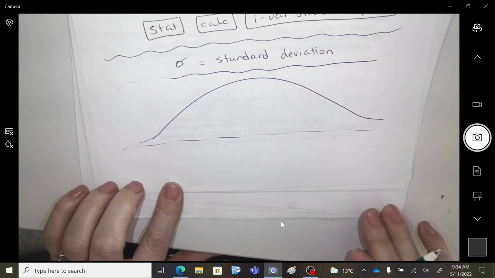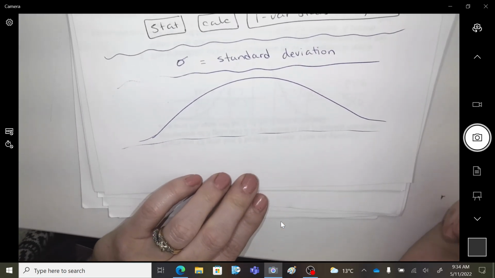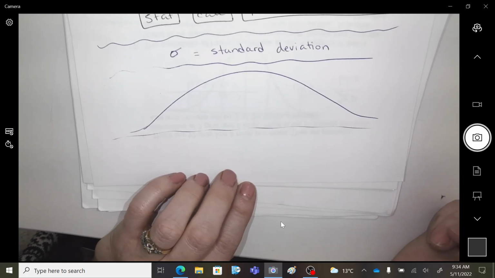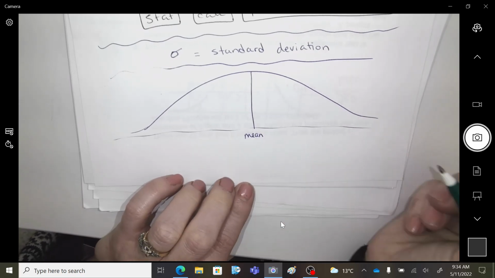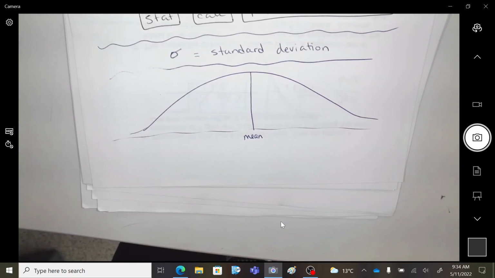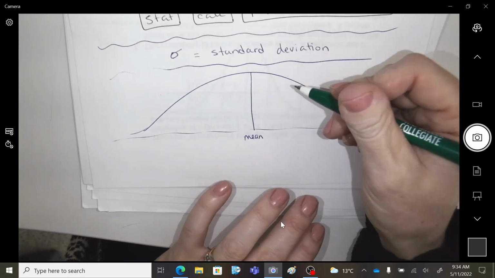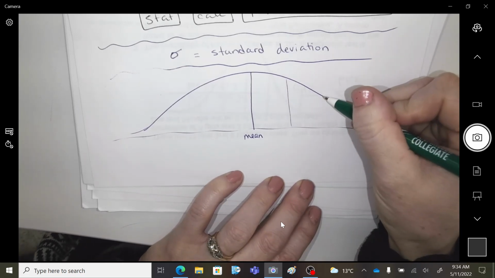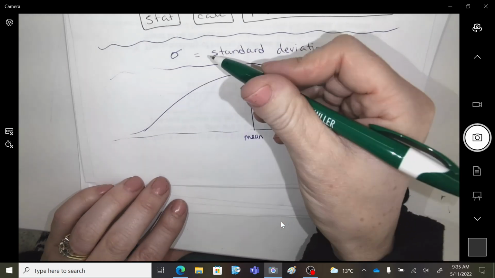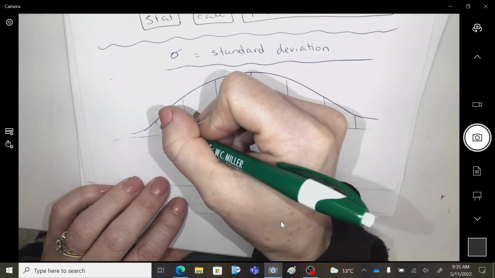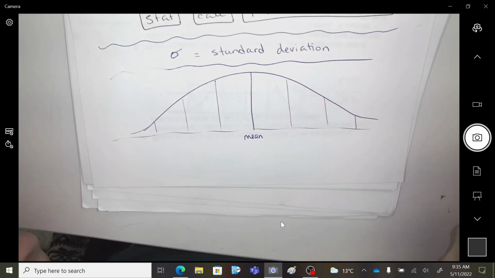Draw me a curve. Right in the middle of the curve is your mean. Draw 3 lines above and 3 lines below, where the third line is almost to the end of the bell.